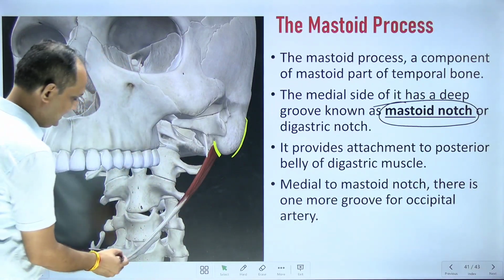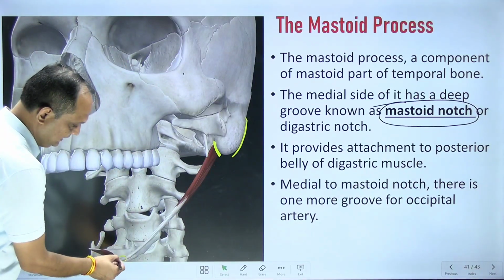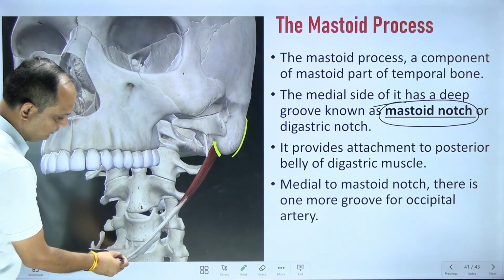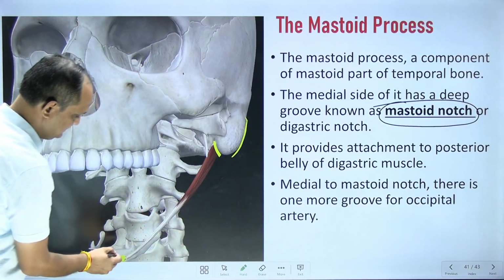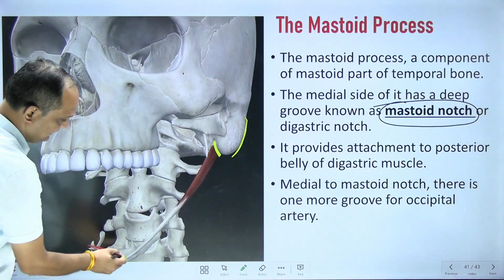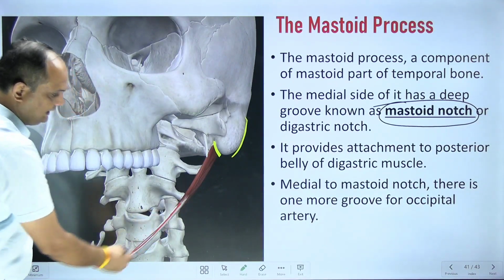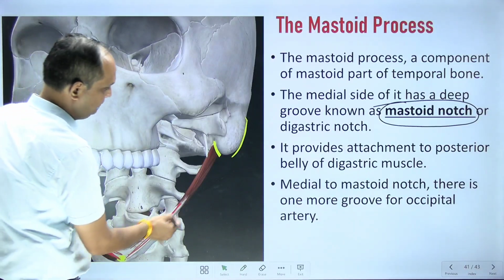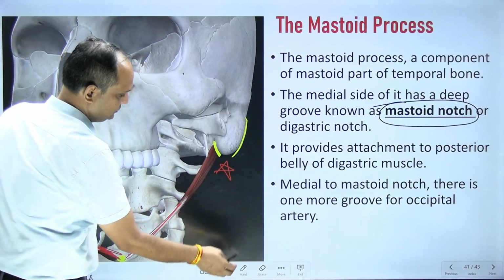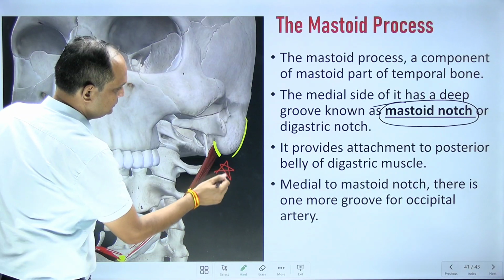Now here you can see that this is the common tendon which is attached on the hyoid bone, and from this tendon you have two parts. One is the anterior belly, and here is the posterior belly of digastric. Now this anterior belly is attached on the mandible bone, but we are talking about the posterior belly. The question comes here about the posterior belly.